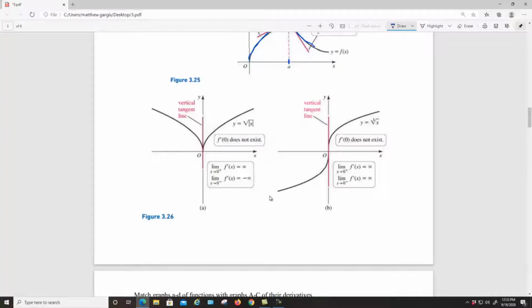You would have a vertical tangent at this turn, so the slope would not be defined, and it is not differentiable there. If you take the derivative and plug 0 in, the slope would be undefined. Here is also an example of a vertical tangent where it would not be differentiable at 0. Everywhere else on the graph it would be differentiable, but not at 0 where the vertical tangent line is.